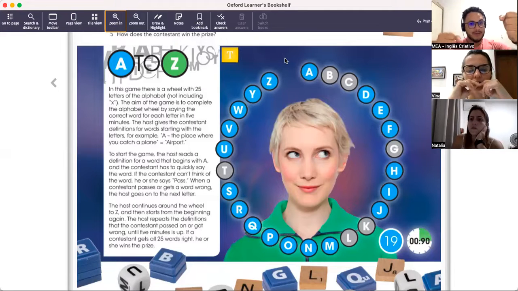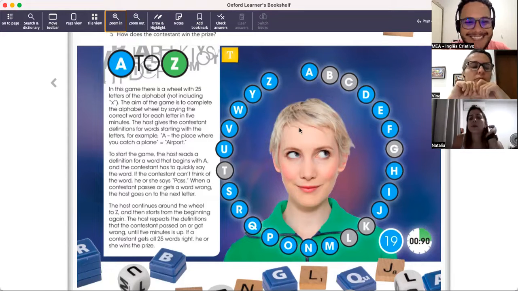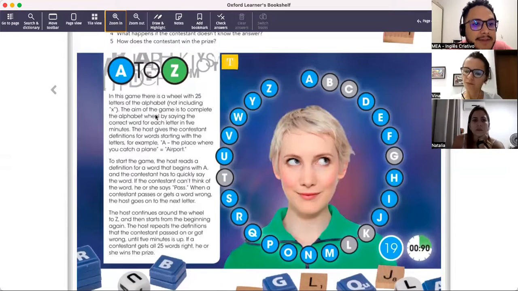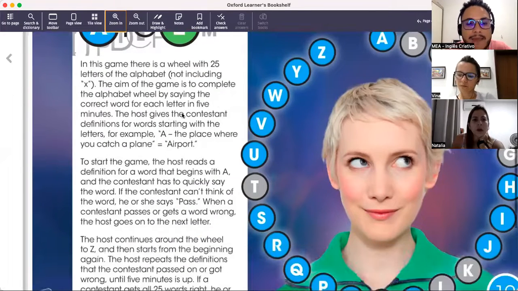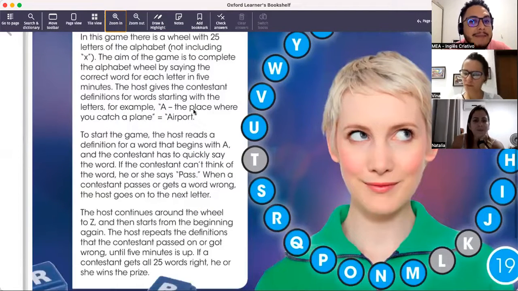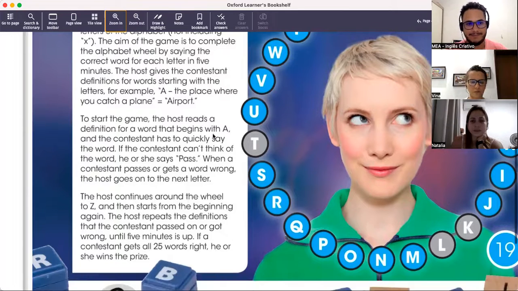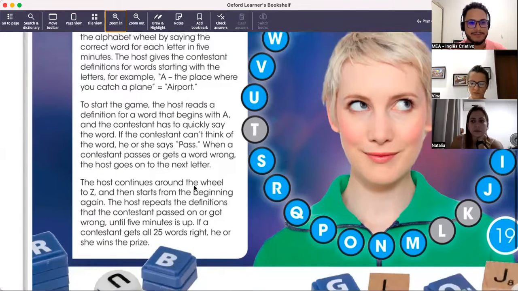When you're driving a car, what's the name of that? Wheel. It's the same. So the example that Vina read was this one. The person says, the place where you catch a plane. What's the name, Nati, of the place where you catch a plane? Airport. Perfect. Good.